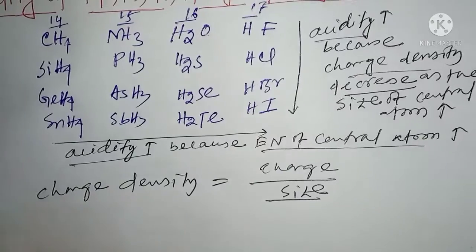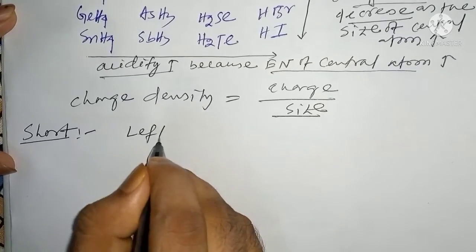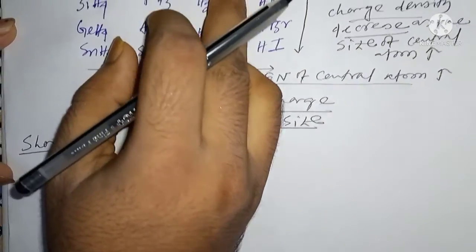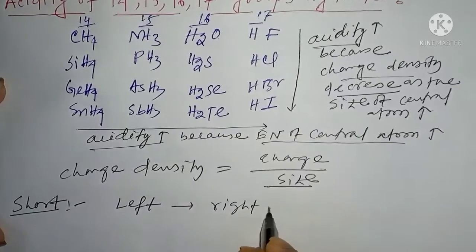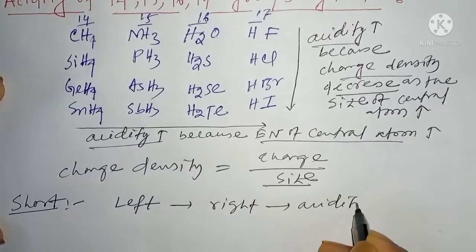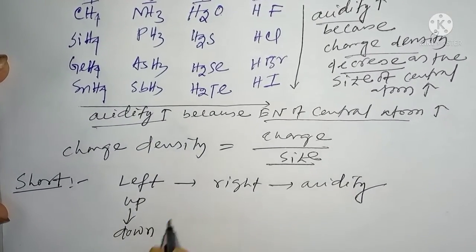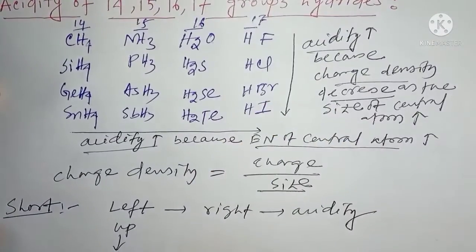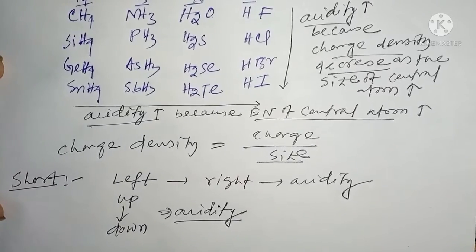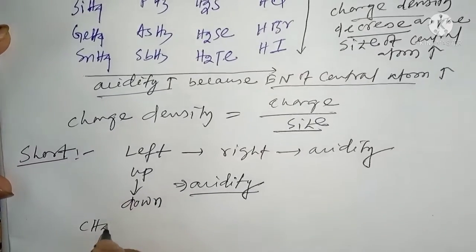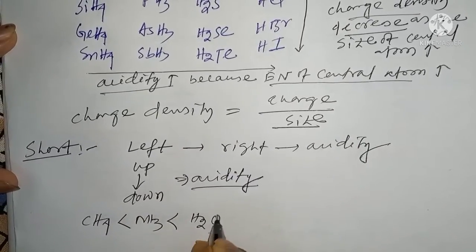So the summary, in short: in group 14, 15, 16, 17 hydrides, left to right acidity increases, and up to down in the periodic table acidity increases. Remember this. Now CH4 is less acidic than ammonia, less than water, less than HF.